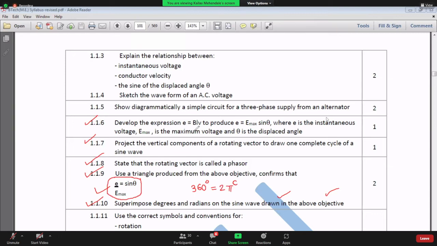When the vector rotates through one cycle, in terms of degrees it has covered 360 degrees, or in terms of radian it has covered 2 pi radian. So that also we have done.